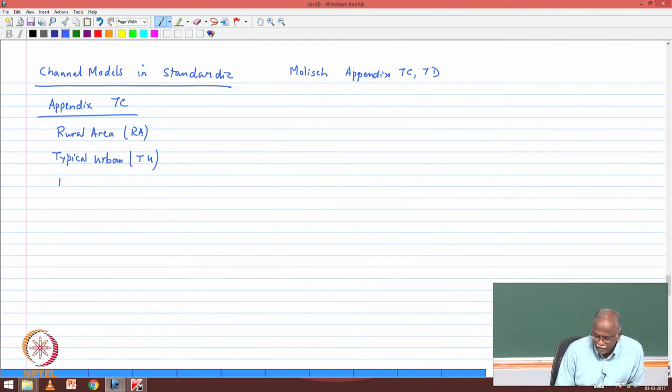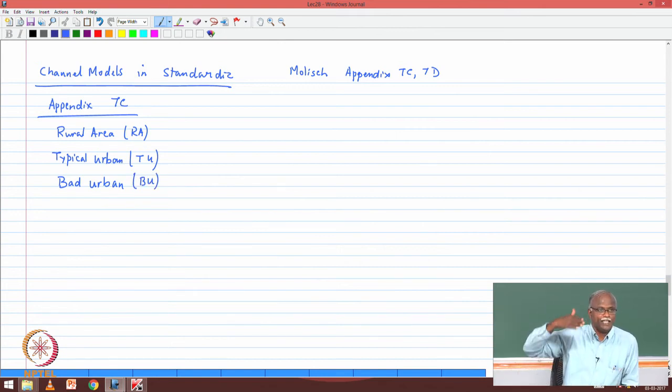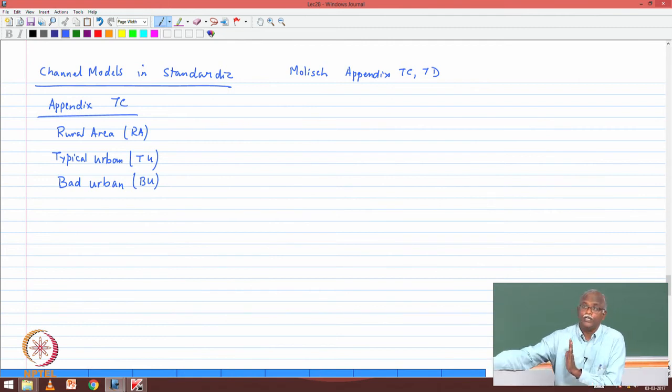Then there is something called bad urban. It has nothing to do with crime, it only has to do with propagation. This is BU, which says that there are lots of very tall buildings, and therefore you can have signals bouncing off many buildings. It's also referred to as a canyon effect, because the signals can propagate because of bouncing, and of course this can cause long delays in your received multipath signal.